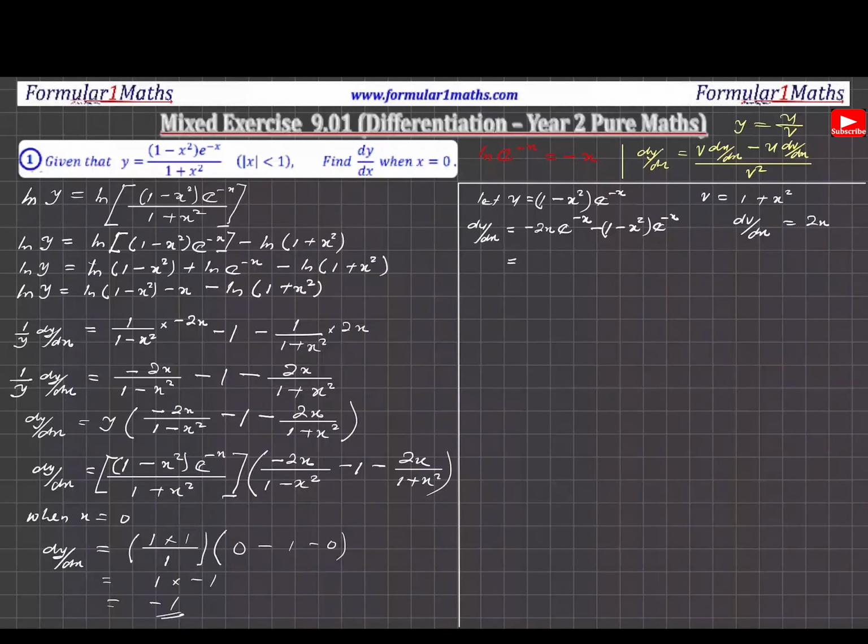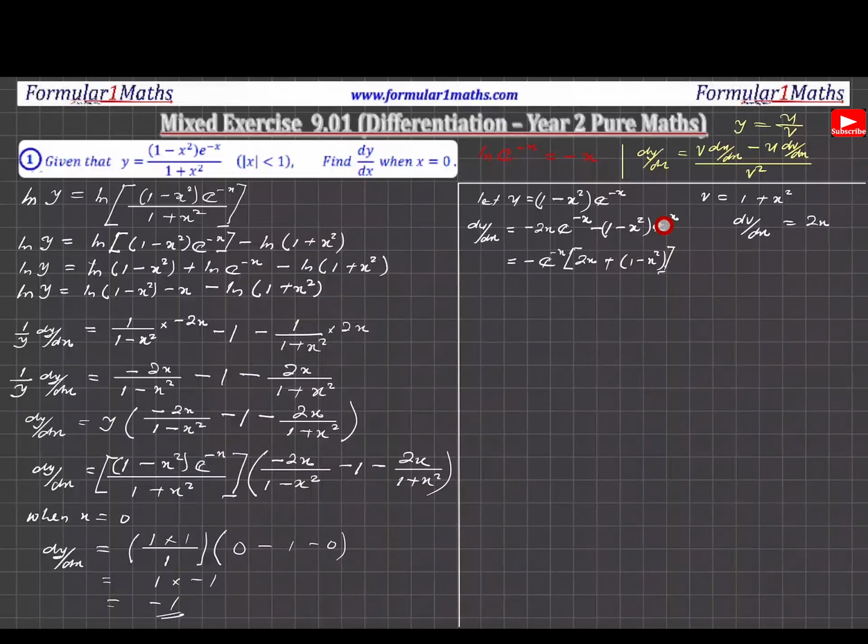So I can do minus e to the power minus x comes out, and I'll get 2x at this side, and I'll get plus 1 minus x squared over here. Then I close my square brackets.